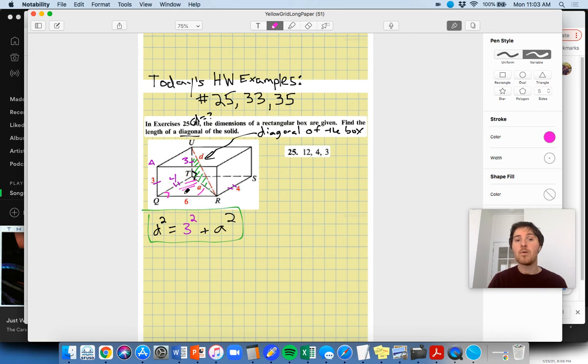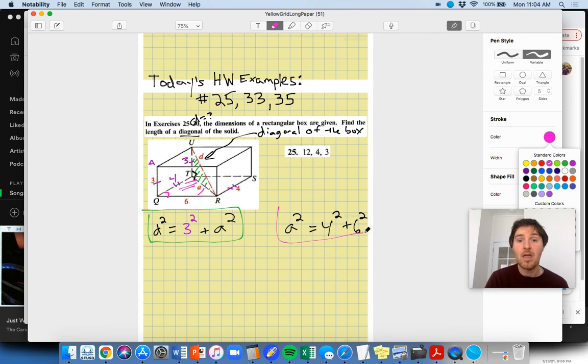So we can deduce that A squared, because A is the hypotenuse of this pink triangle down here in the base, has to equal 4 squared plus 6 squared, okay? QR squared plus QT squared. Those are the legs of triangle TQR, and TR is the hypotenuse with length A, so A squared is going to equal the sum of the squares of those two lengths. Okay, so that is the pink triangle.